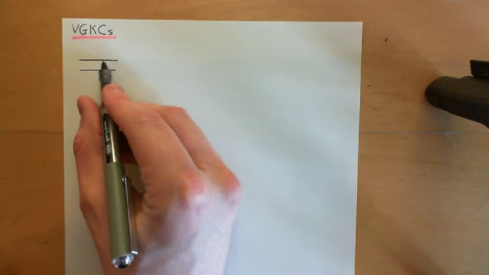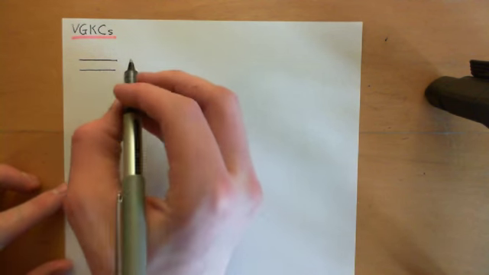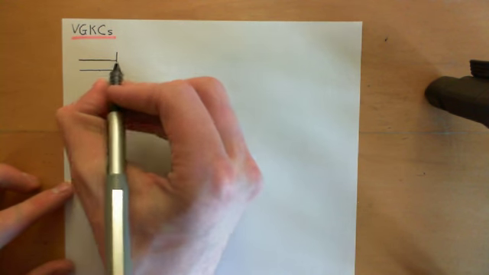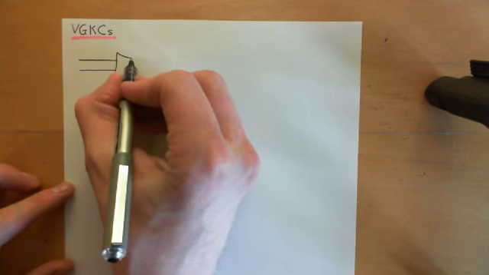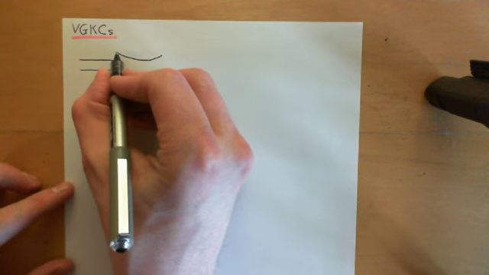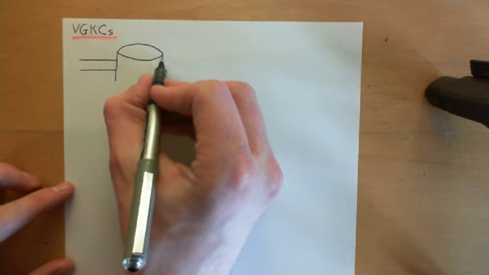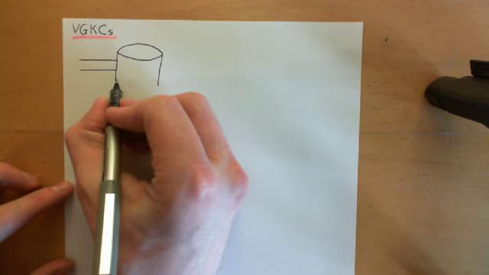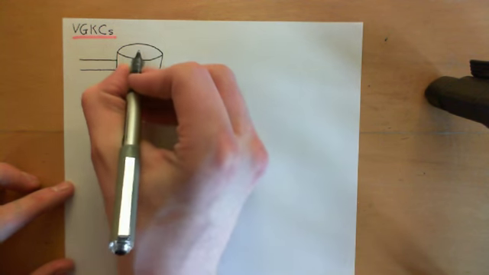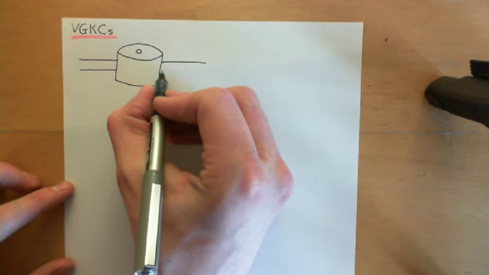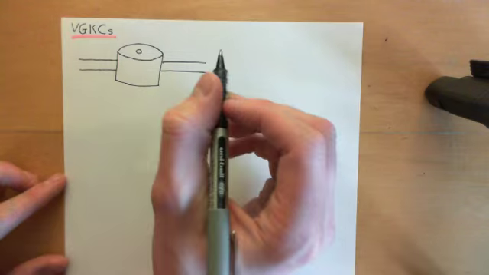So this is the outer leaflet of the phospholipid bilayer, and this is the inner leaflet. Now let me draw a voltage-gated potassium channel sitting in the membrane. I'll just draw it as a great big cylinder sitting in the cell membrane like so. Because it's an ion channel, I'll put a little pore down the middle, and then I'll continue the cell membrane on the other side.